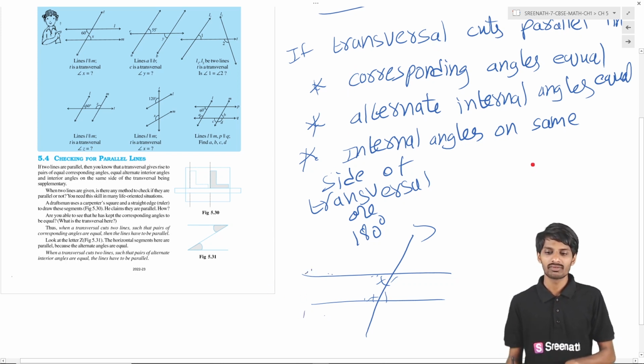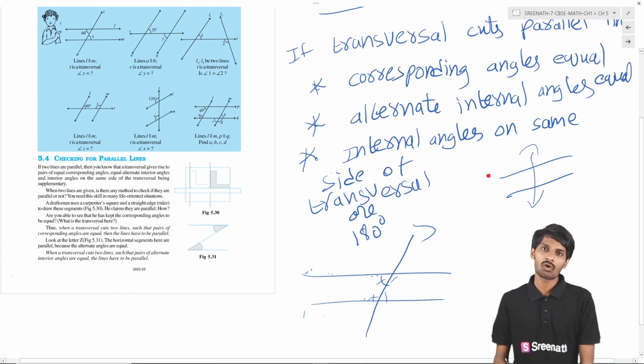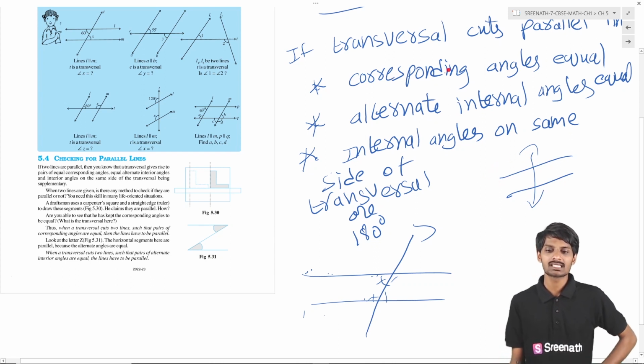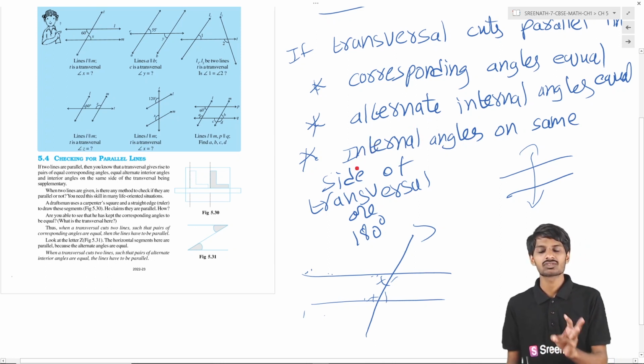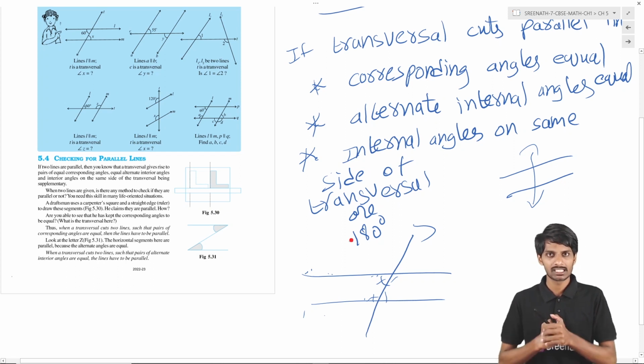If anybody gives you two lines with a transversal and asks whether the two lines are parallel or not, you can simply check these three things. Check whether each pair of corresponding angles is equal, then it is parallel. Check whether each pair of alternate angles is equal, then it is parallel. And check whether the interior angles on the same side of the transversal are 180 degrees or not.